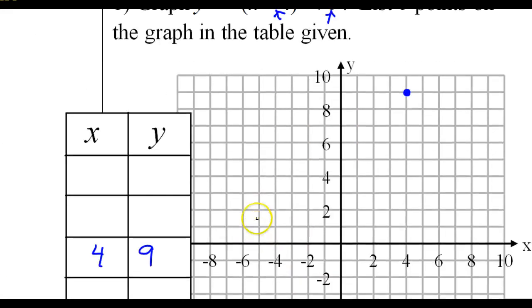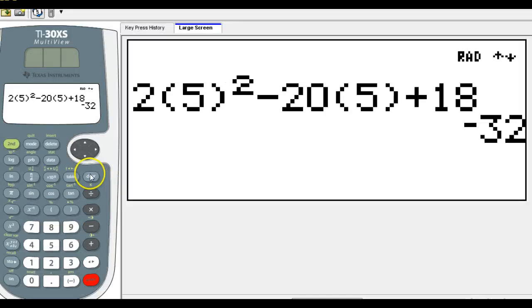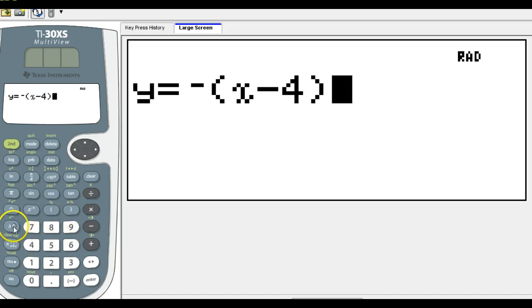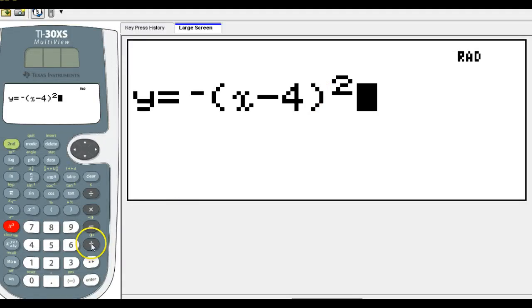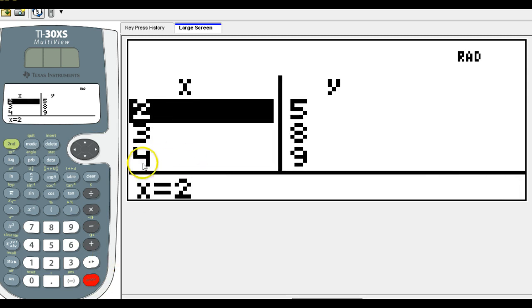Okay, to get more points, let's go to the TI-30 XS multi-view. So I've got negative x minus 4 squared. So what you want to do is go to the table, clear that out. So I had negative quantity x minus 4 close parentheses squared, and then it was plus 9. Okay, so there's my vertex right there, 4, comma 9.